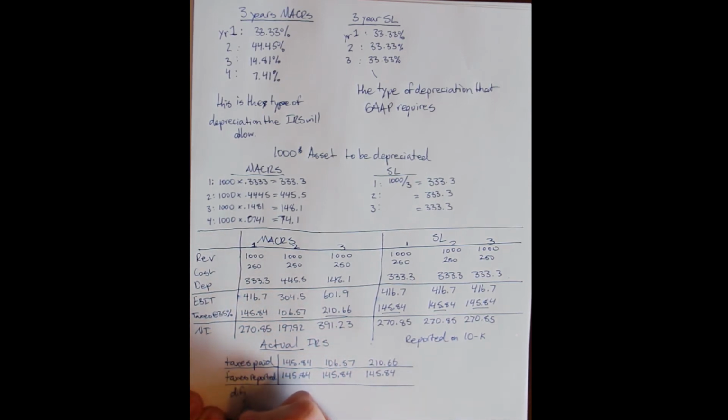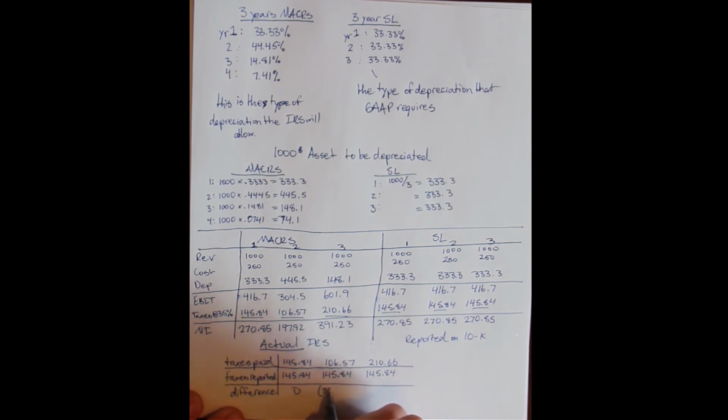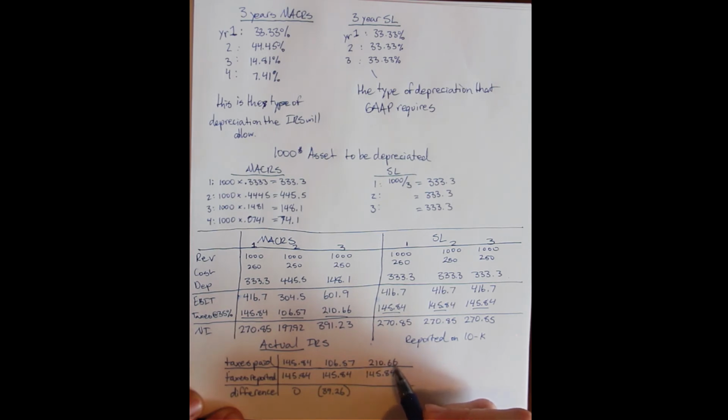So the difference in year 1 is nothing. But in year 2, I have a difference. I paid less taxes than I report. And in year 3, I have a difference in that I paid more taxes than I report by $64.85.